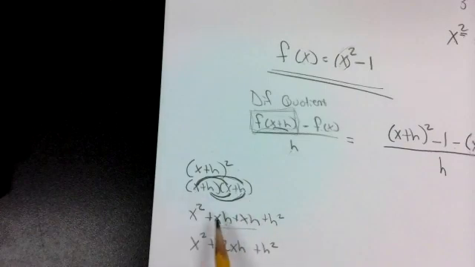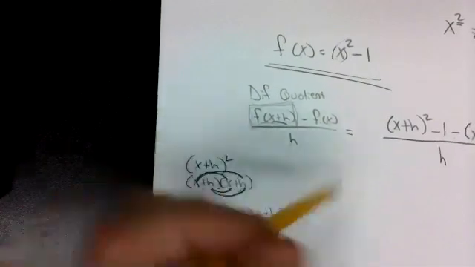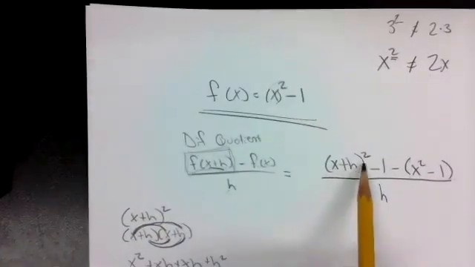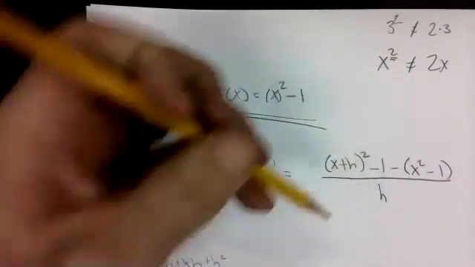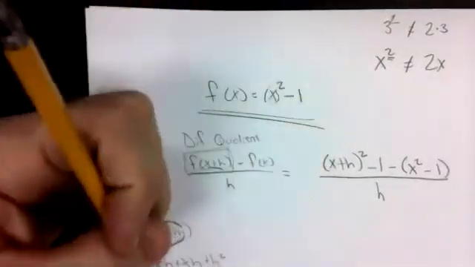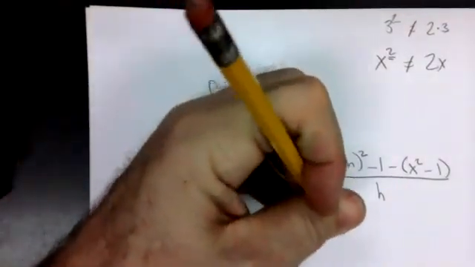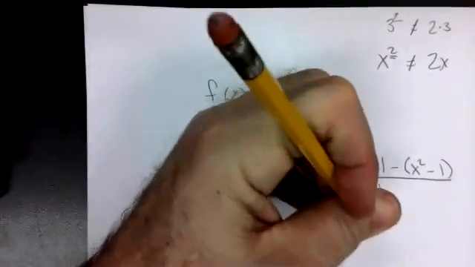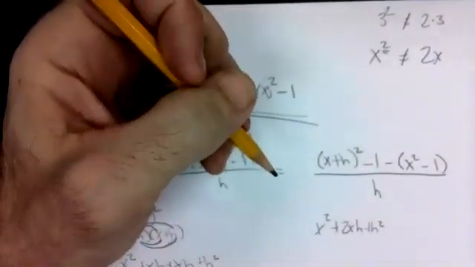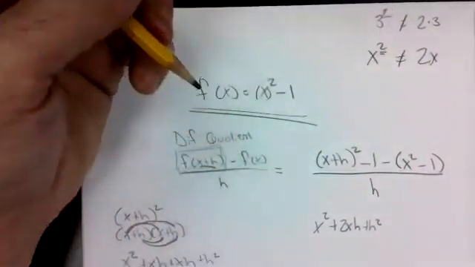X times h, x times h, and h times h. And again, the only like terms are these 2 xh's. So x plus h quantity squared is x squared plus 2xh plus h squared.